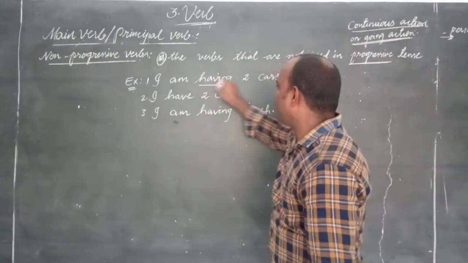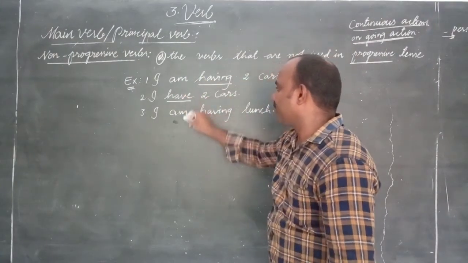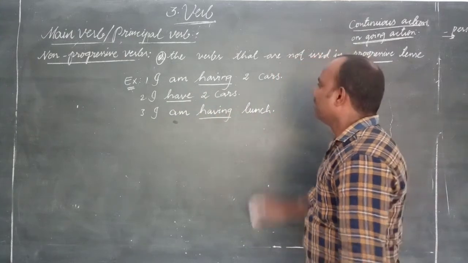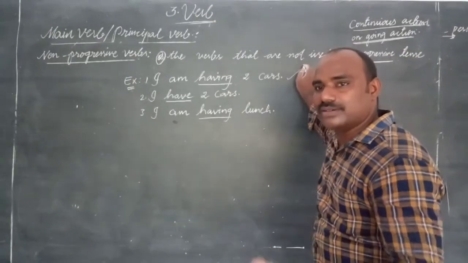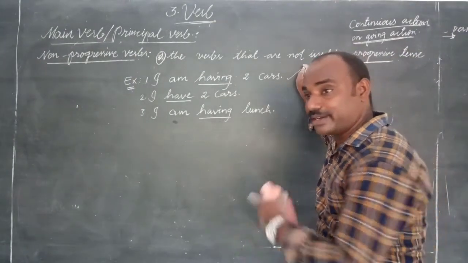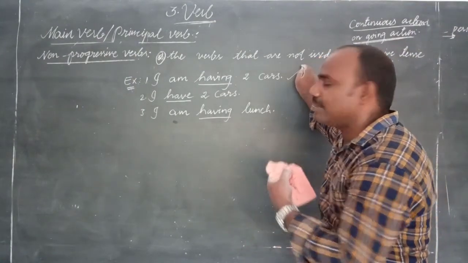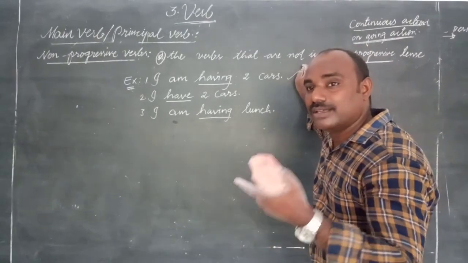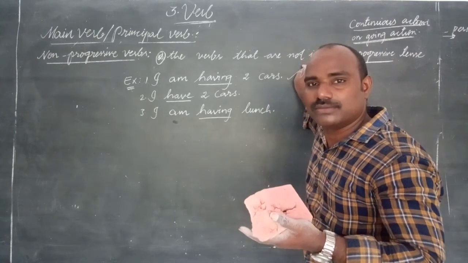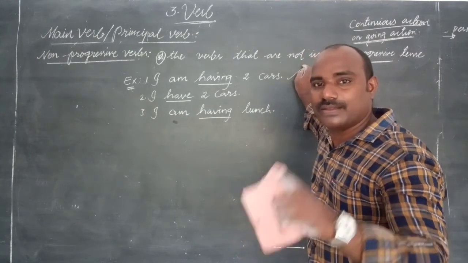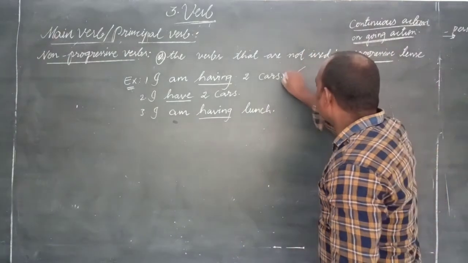I am having, have, having. In the first sentence, there is no action. You should remember that. You should recognize that. There is no action in "I'm having two cars." You have, that means possess. That means having, saying that I own them. Then this is a wrong sentence.